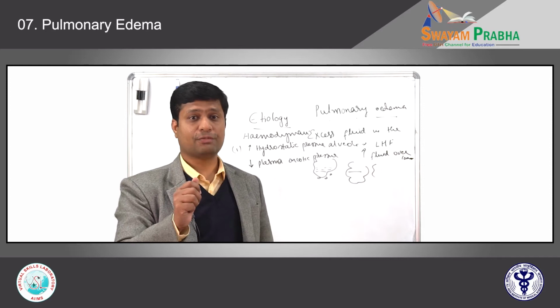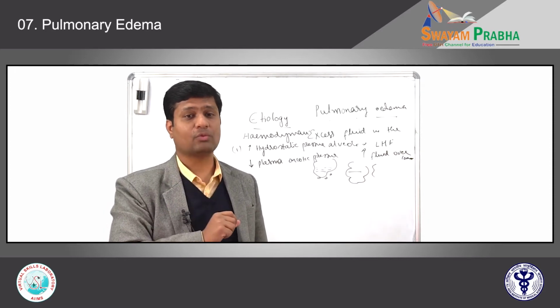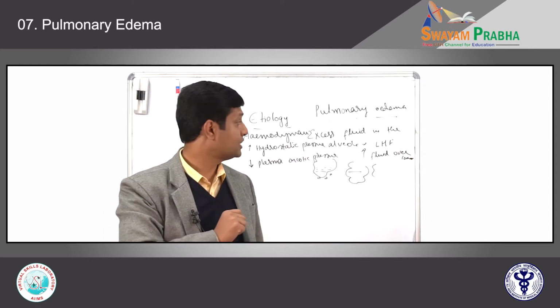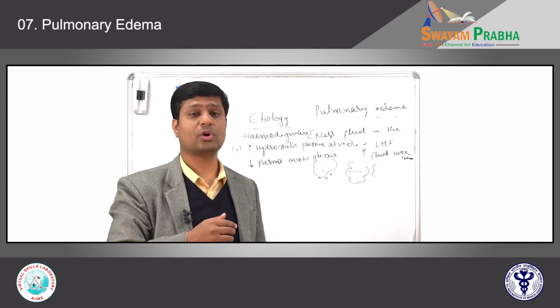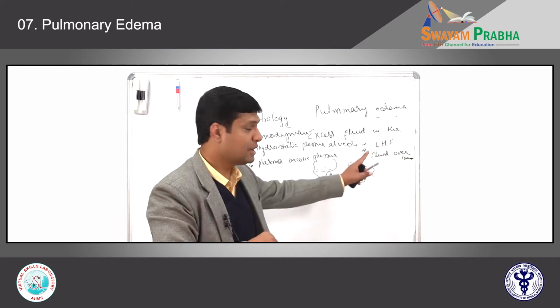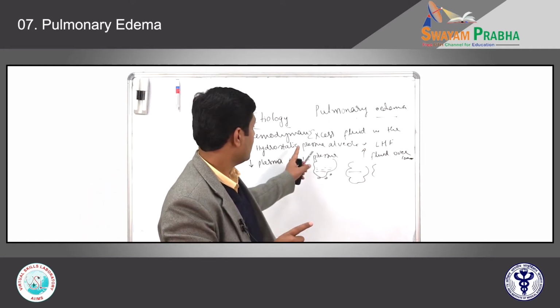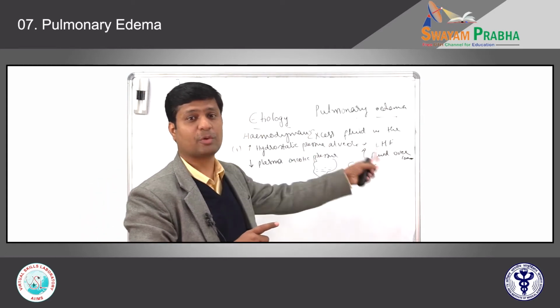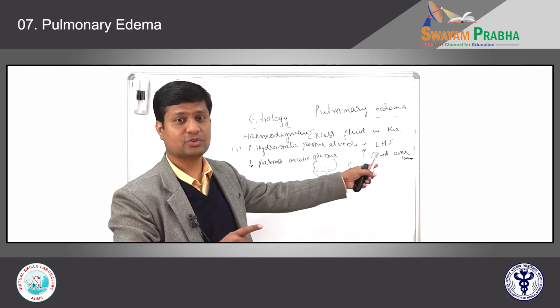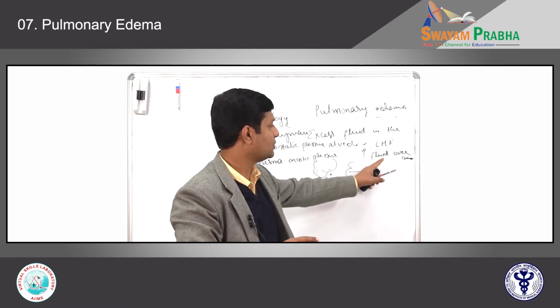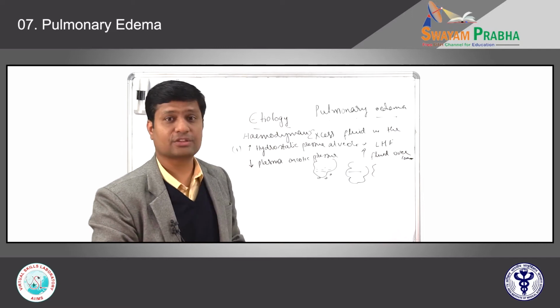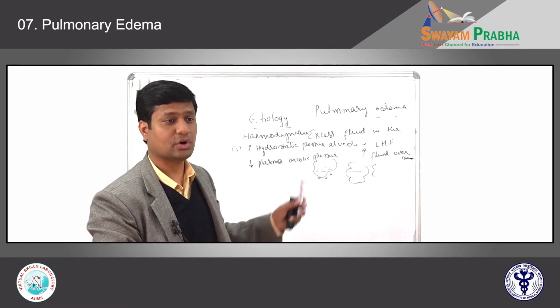That's why, on ward rounds, if any patient is on IV fluids and excess IV fluid is administered, if he develops respiratory distress, think of pulmonary edema in those patients. You have to stop the fluid immediately. So any cause of excess fluid overload will also cause edema.